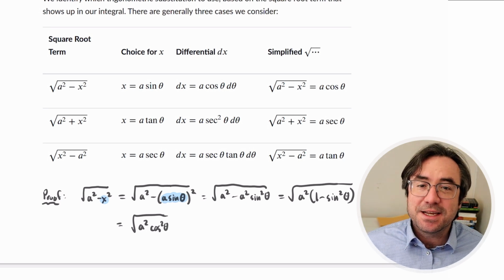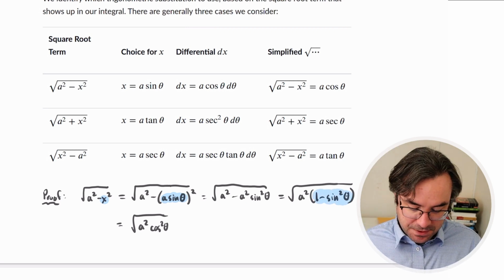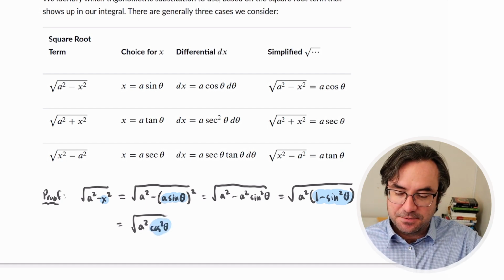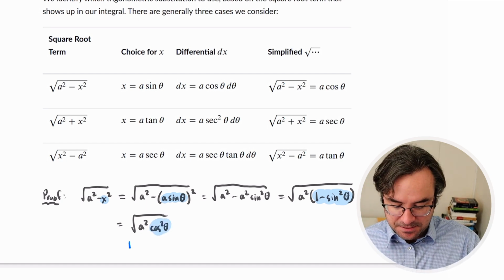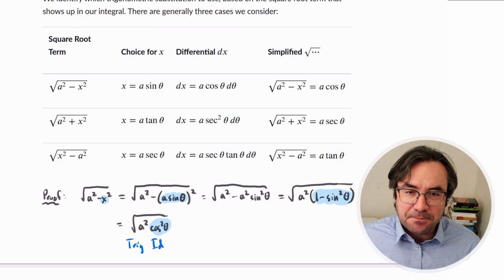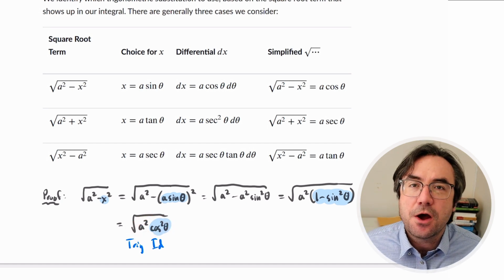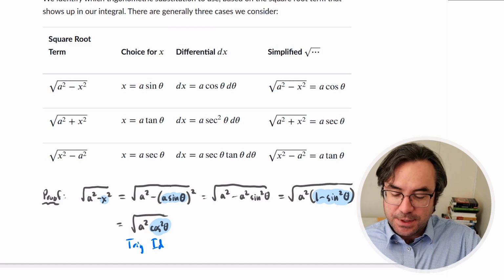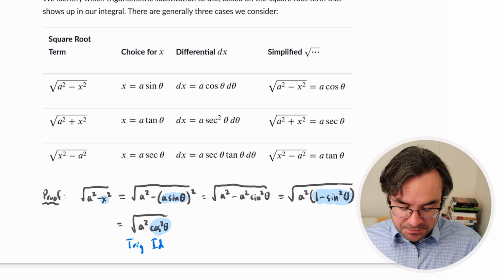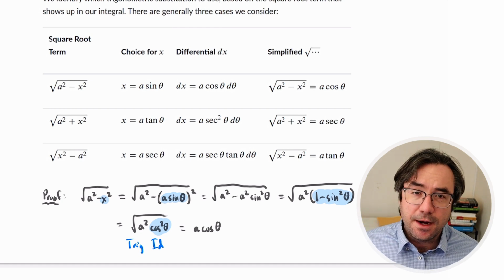We know that 1 minus sine squared becomes cosine squared. A little bit of trig identity magic there. Now this is a perfect square underneath the square root, so we can simplify, and it just becomes a times cosine theta. All right, and we proved it.